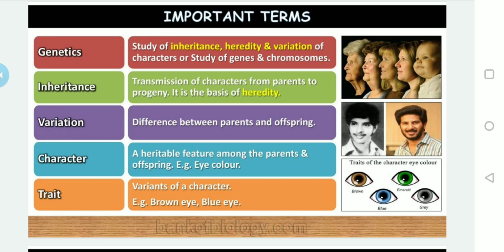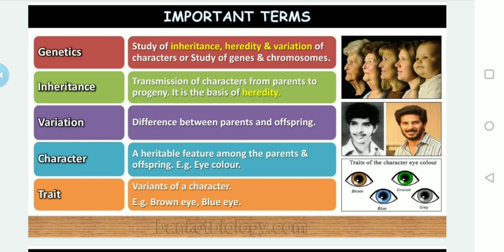Then the question arises, what is the meaning of heredity, inheritance, and variation? Let us discuss all these three terminologies. When it comes to heredity, you must have heard it commonly: if somebody behaves differently, or while discussing characters, we say it came from his heredity.